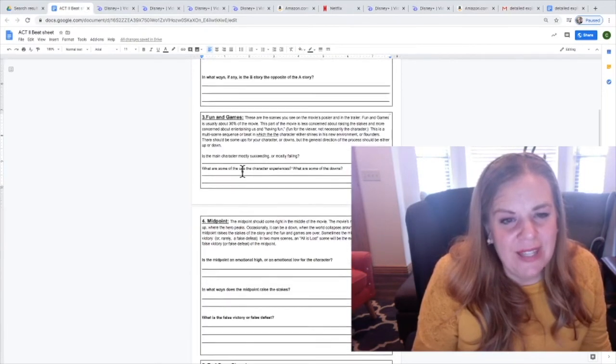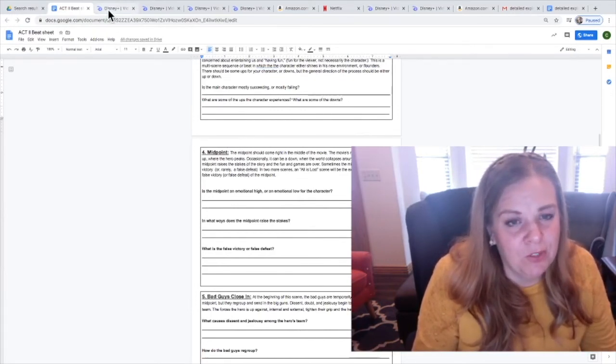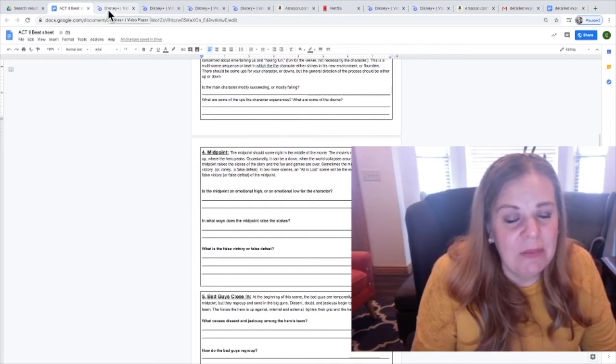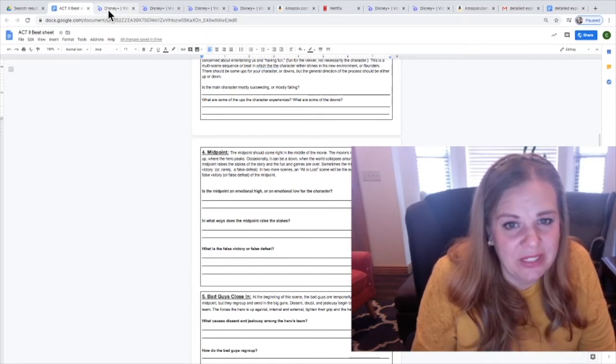The next thing you're going to look for is the midpoint. This is really easy to find because you can just move your cursor right into the middle of the movie. And usually at the middle of the movie, the hero is having a good moment. They've just had a victory. Sometimes they have a defeat, okay?